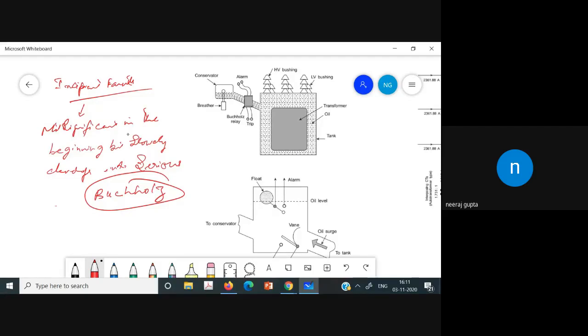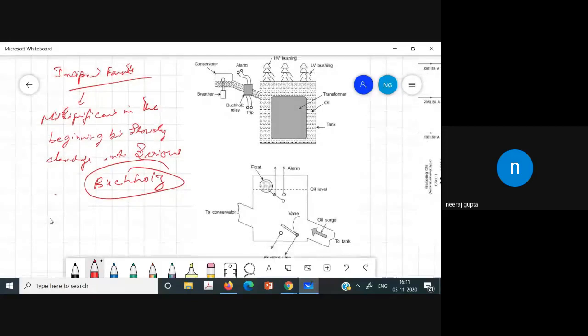Now, where the Buchholz relay is installed with respect to the transformer is shown in this diagram. You will see the transformer, the transformer oil, transformer tank, low voltage bushings, high voltage bushings. Then here the Buchholz relay is placed.